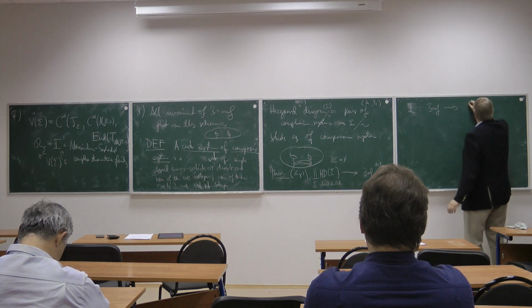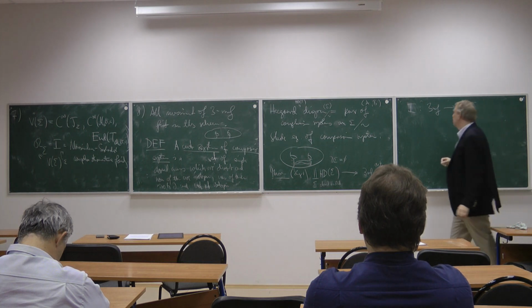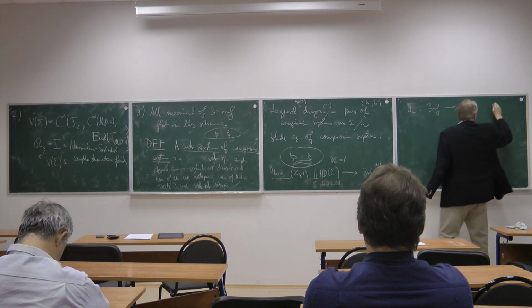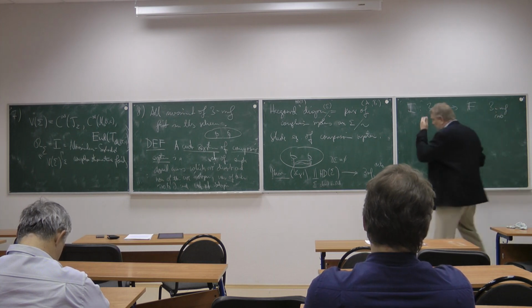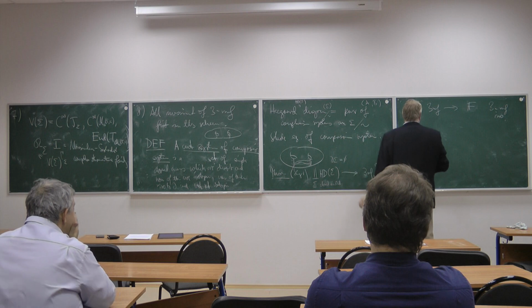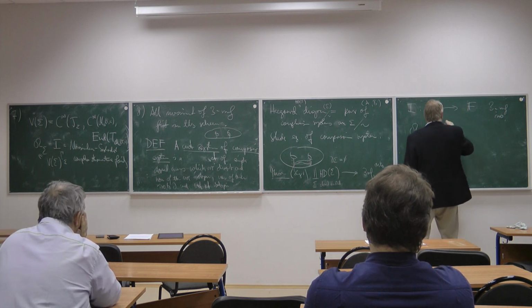Well, let me say some field, because I didn't specify what field I was using in the vector spaces, right? So if you have this, it is a three manifold invariant. Well, then you can simply define omega of sigma to be V of sigma.